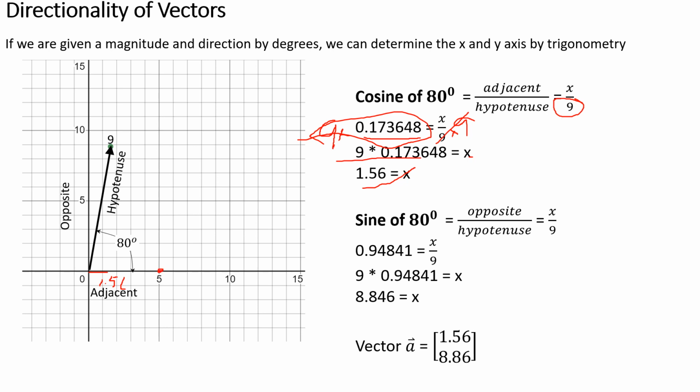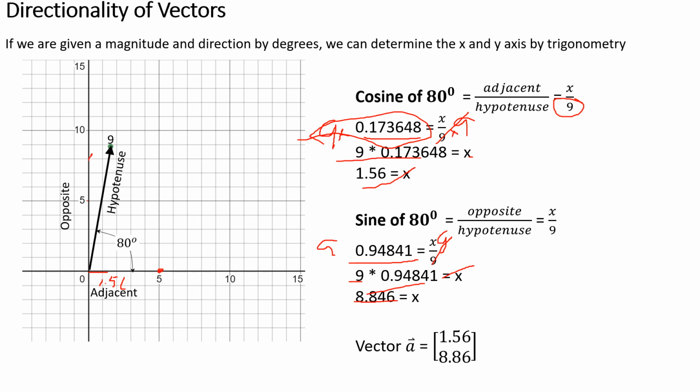And then the sine is opposite over hypotenuse. I'm doing the same thing. Multiply both sides by 9. Sine of 80 degrees is 0.98481. These cancel out, and I'm left with y, which is 8.846. That looks about right, too. Here is 5 on the y-axis, here's 8.